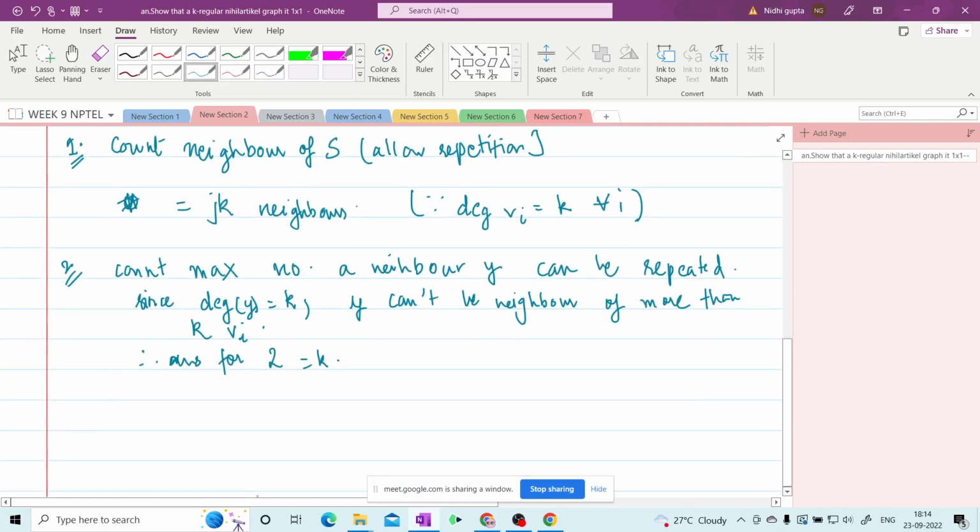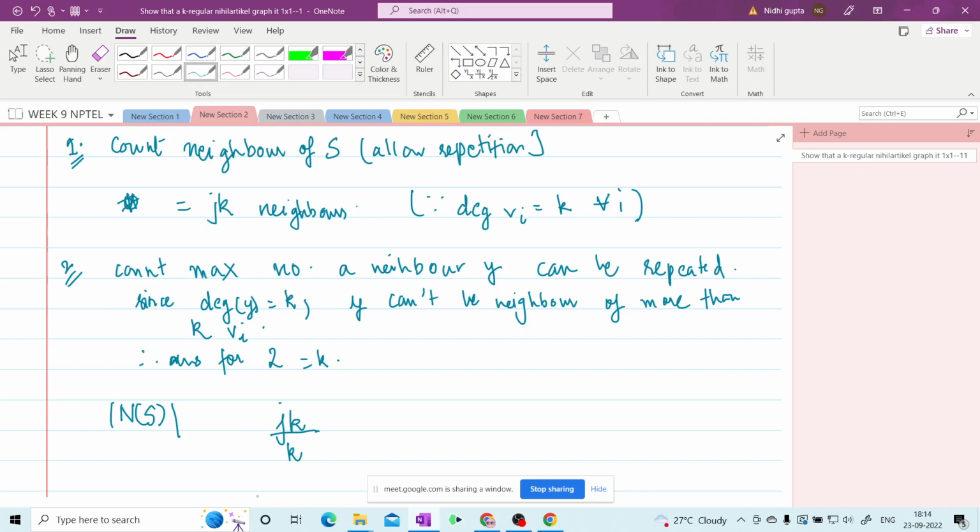And now if we want to see what are the total neighbors, we can see that total neighbors, if we are allowing repetition, divided by the maximum number of times it can be repeated. So this is the worst case scenario, that is when each of the neighbors is repeated k times.